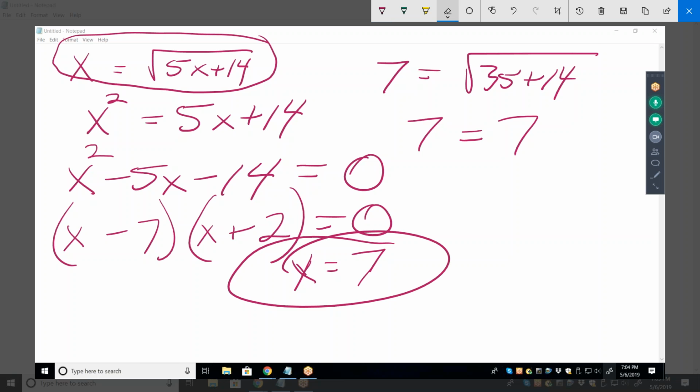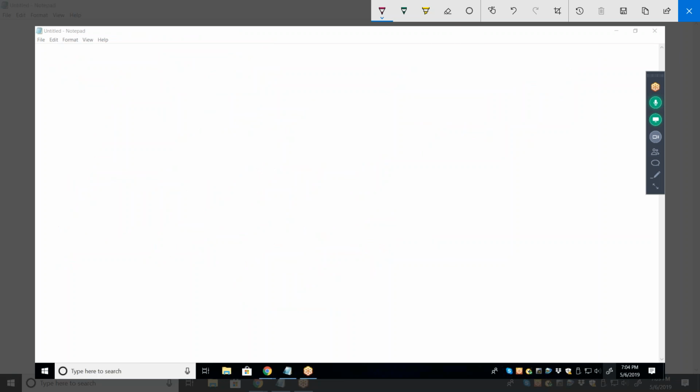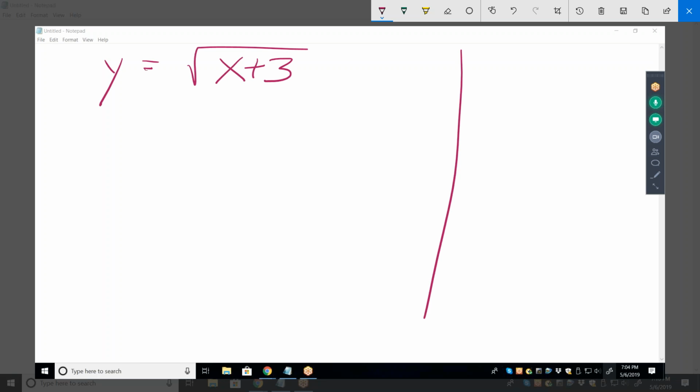Okay. All right, next one is a graphing one. It's y equals root x plus 3, all in the root. Parent function? You've learned like 8 or 9 elementary functions. Let me write them over here.